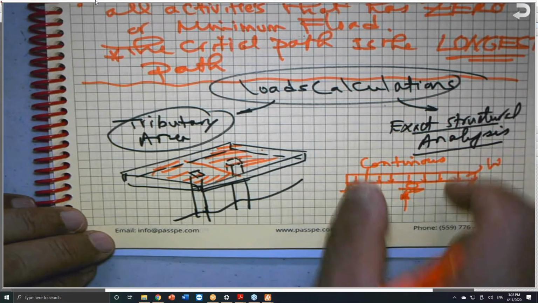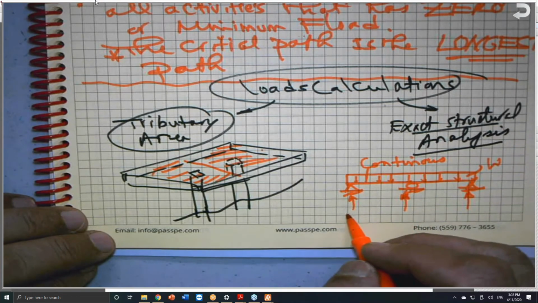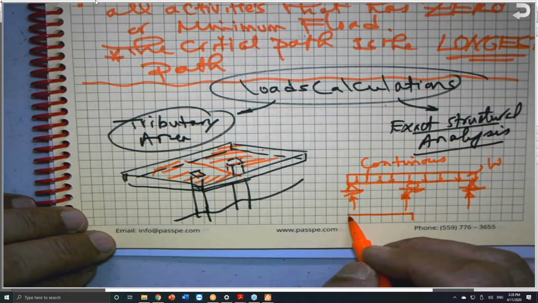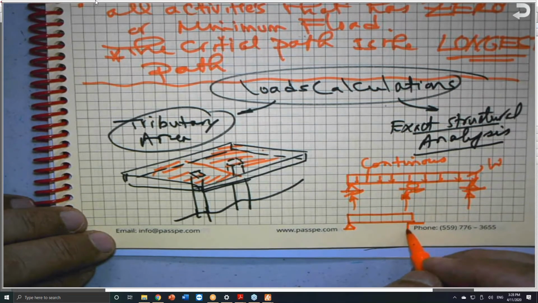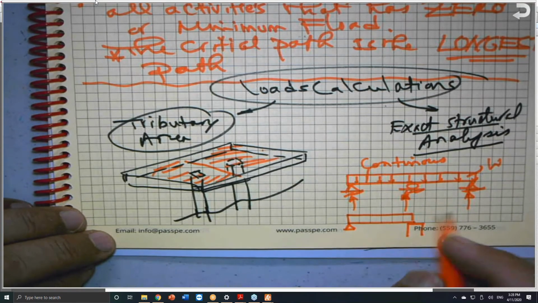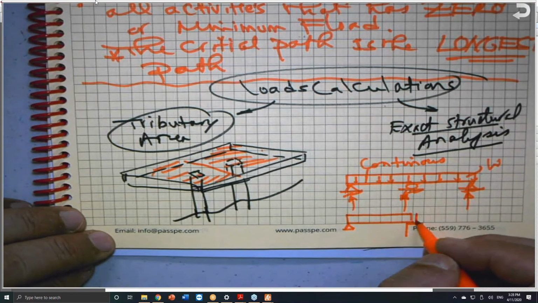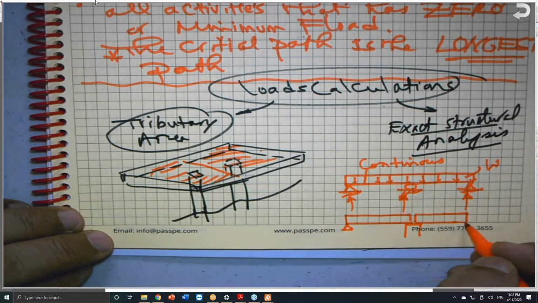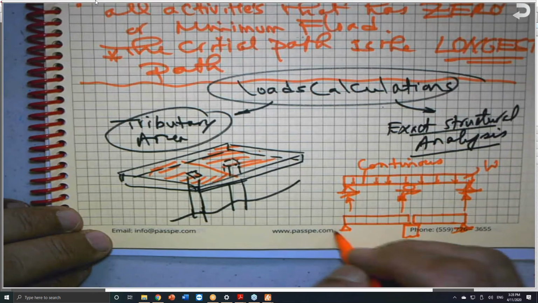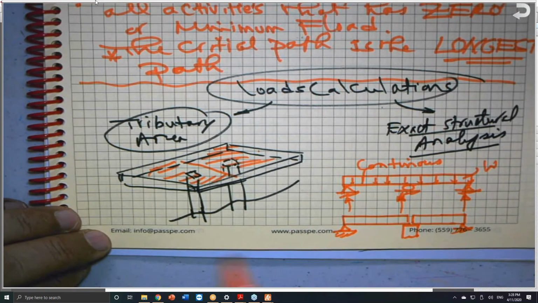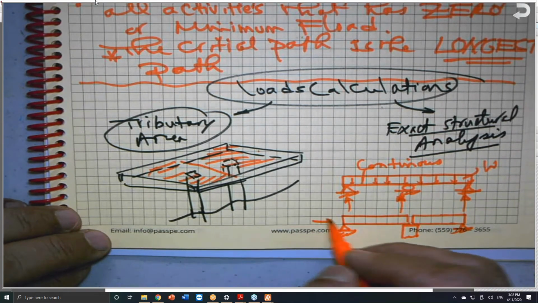We could have a different scenario, where we have two simply supported beams. One like this, and let me put the middle support like this, and the other beam will be like this. There is a gap between them. So this is not continuous.